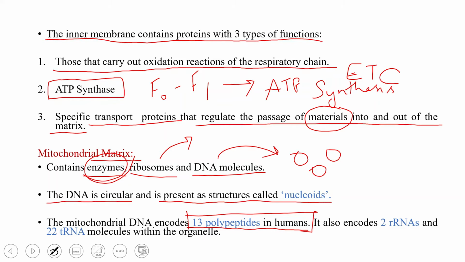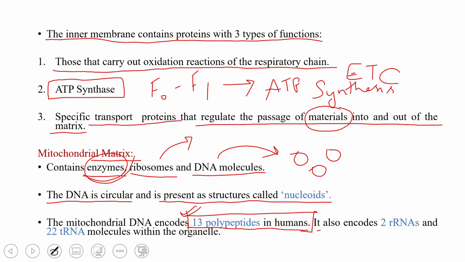Several polypeptides are needed for the mitochondrial function, out of which 13 are synthesized by the mitochondria itself. All the rest of the polypeptides are encoded in the nuclear DNA. The nuclear DNA encodes these polypeptides. They are translated on cytoplasmic ribosomes, and then they are imported into the mitochondria.